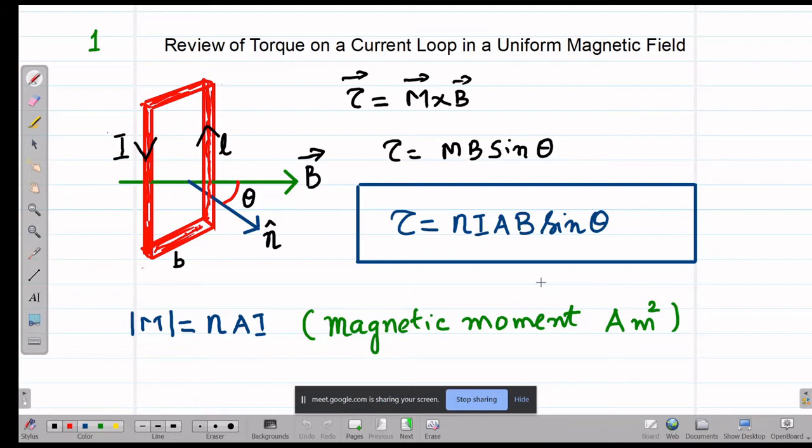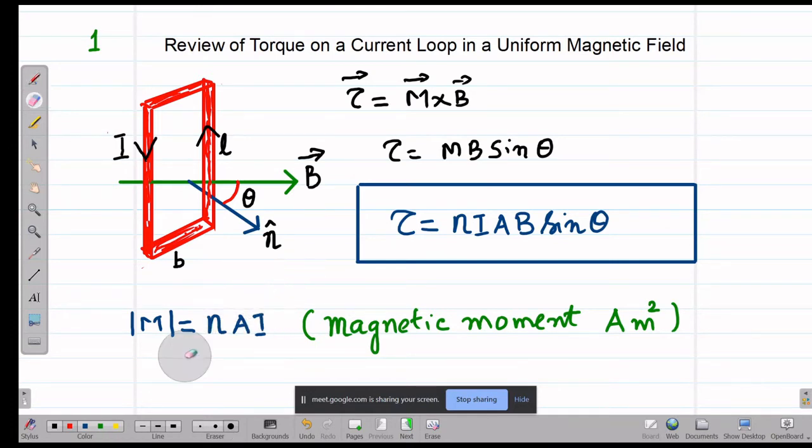Incidentally, one can also think of theta as the angle between the perpendicular to the plane of the coil and the magnetic field B. So in this diagram we have shown the perpendicular to the plane by this vector n cap. You should remember that the magnetic moment vector will also be in the same direction as n cap.